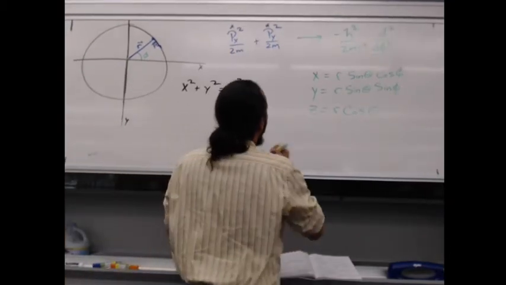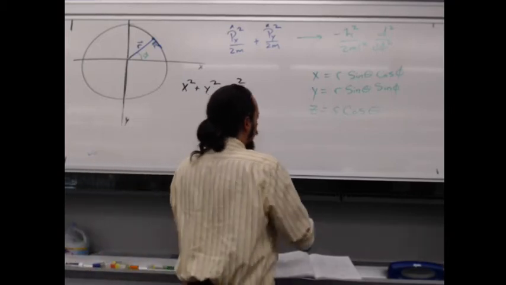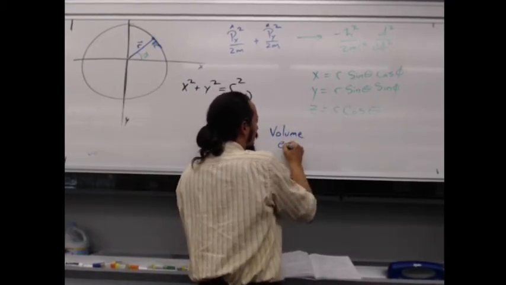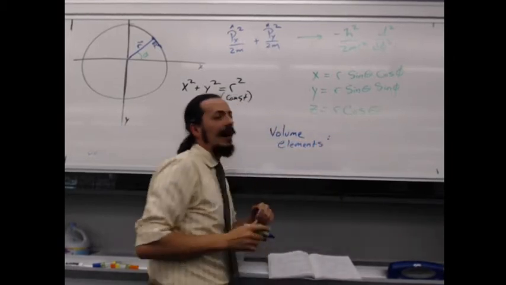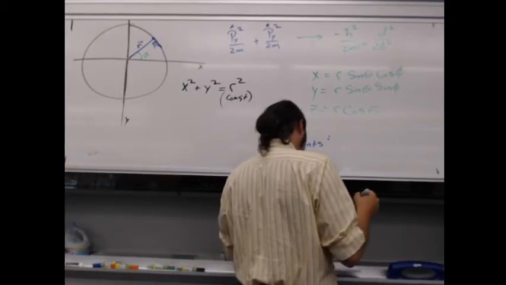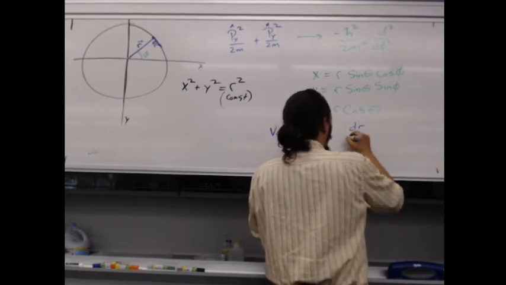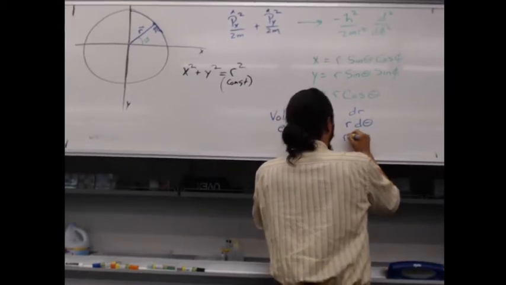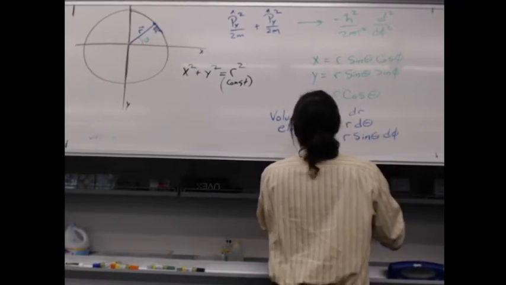We can also think about the volume elements, which become important when we're doing our derivatives. You're going to have a dr, r d theta, and r sine theta d phi.